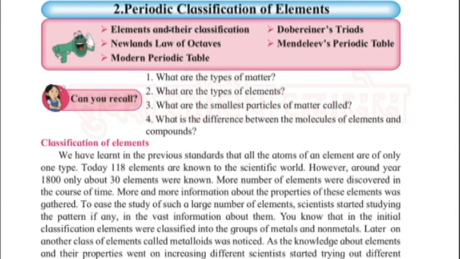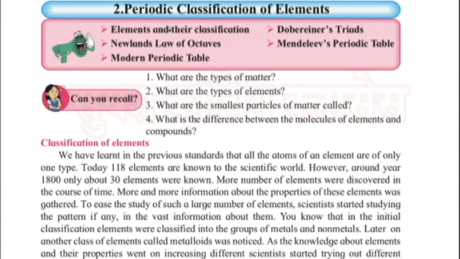Compounds are formed by two or more molecules and they are having different properties, means compounds are made from elements. So properties of elements are different than properties of compound. Example of compound is water. Water is made from hydrogen and oxygen.